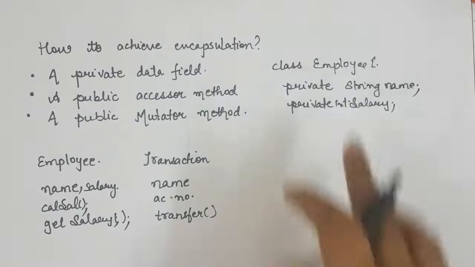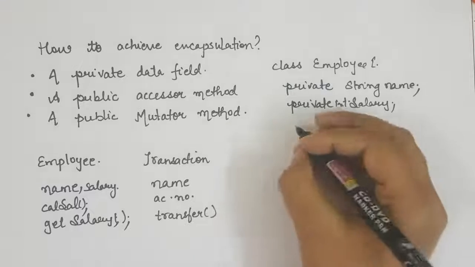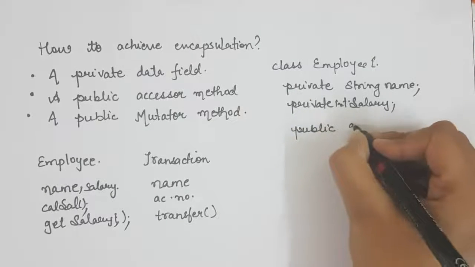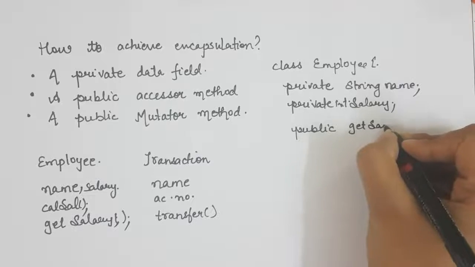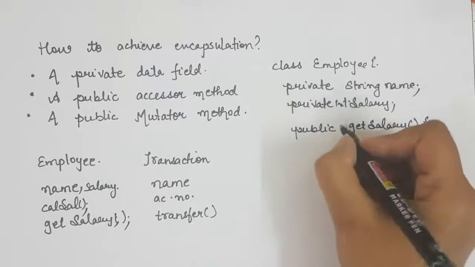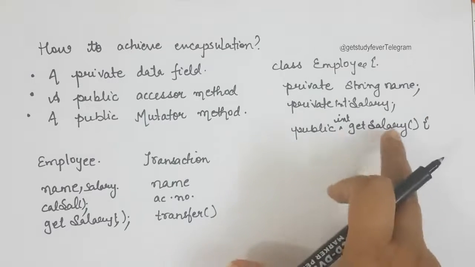Now the question is, if this is private, then how will someone access it? For someone to access it, I create a public accessor. So I write public int getSalary. What is this? This is an accessor.